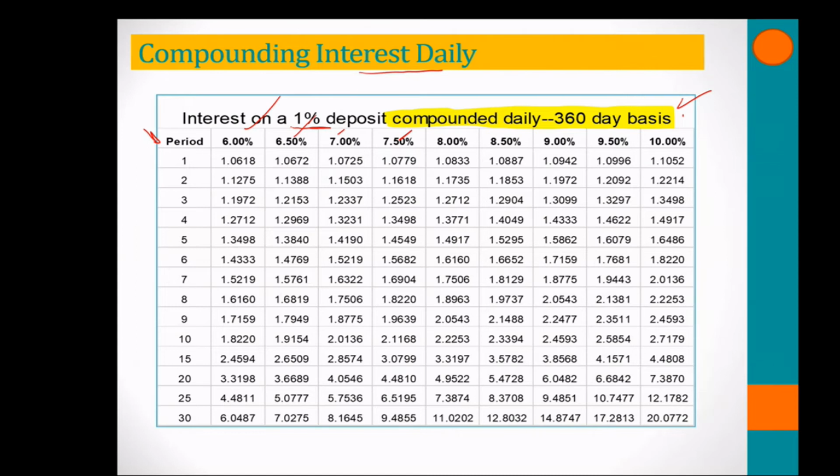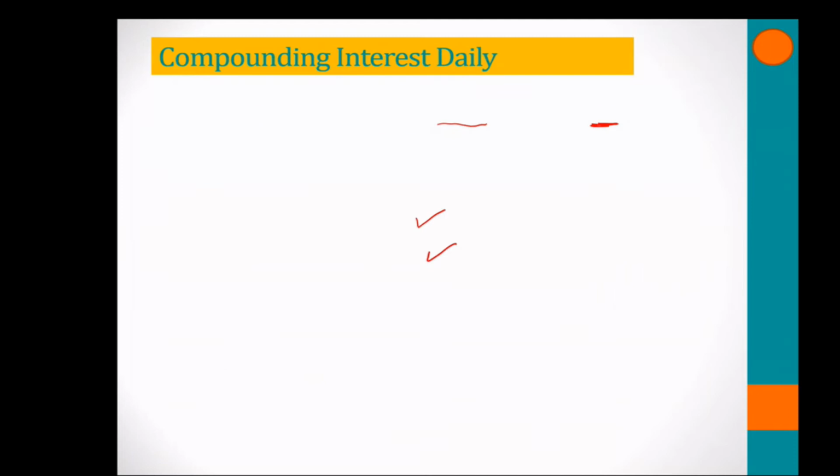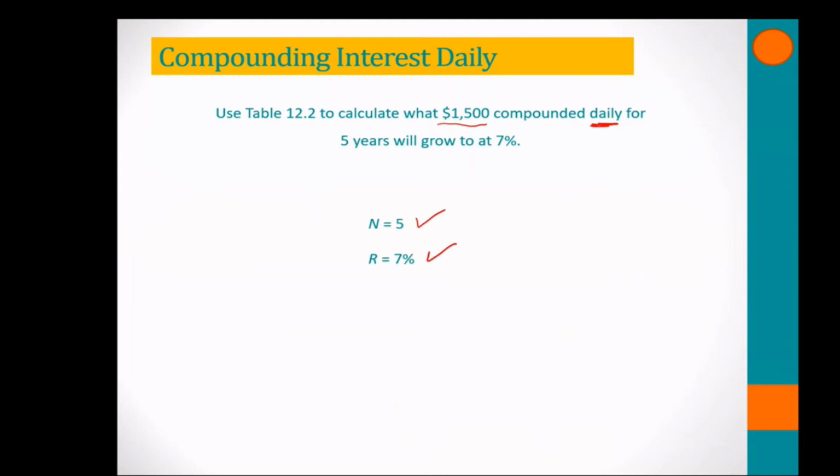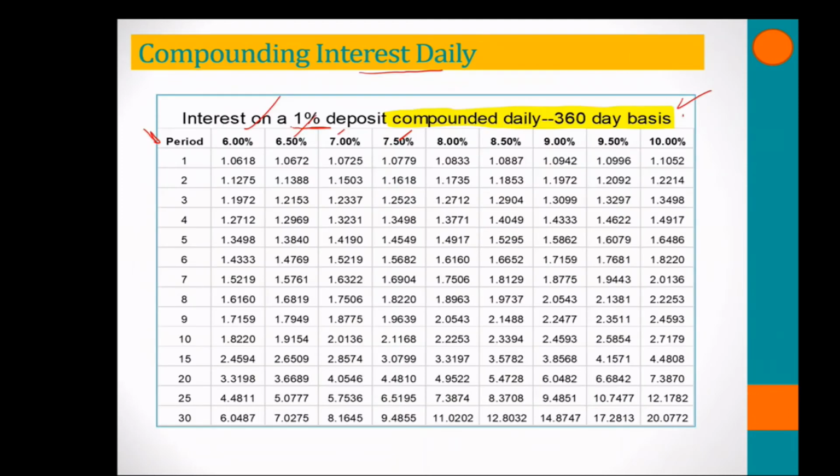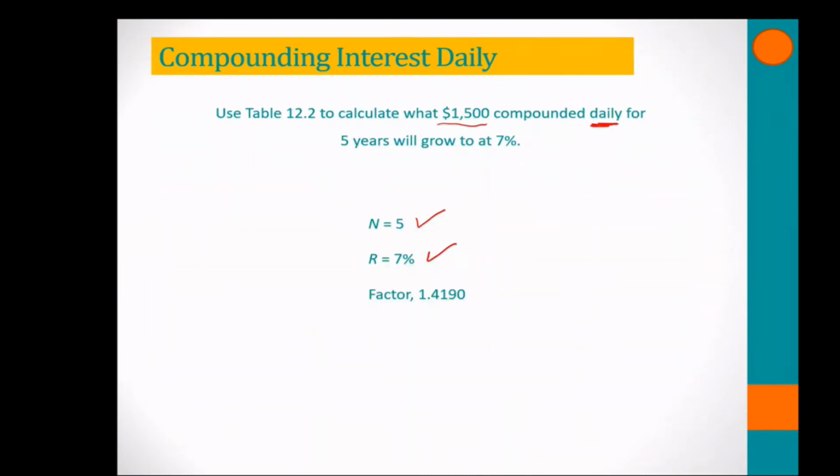In this table, rate 7%, n equal 5. So the value is 1.4190.